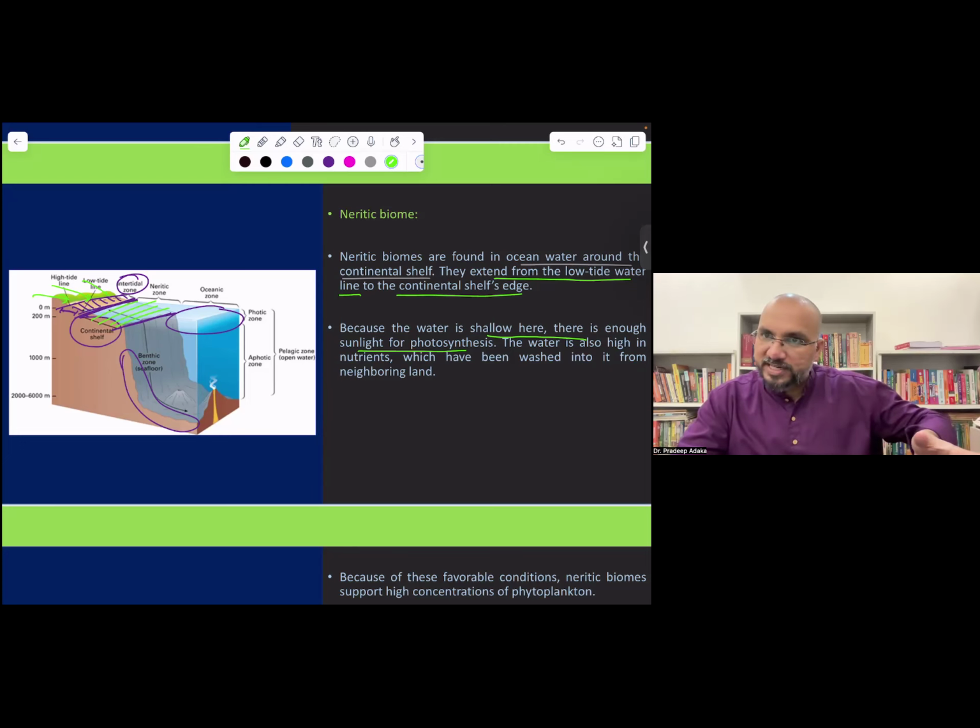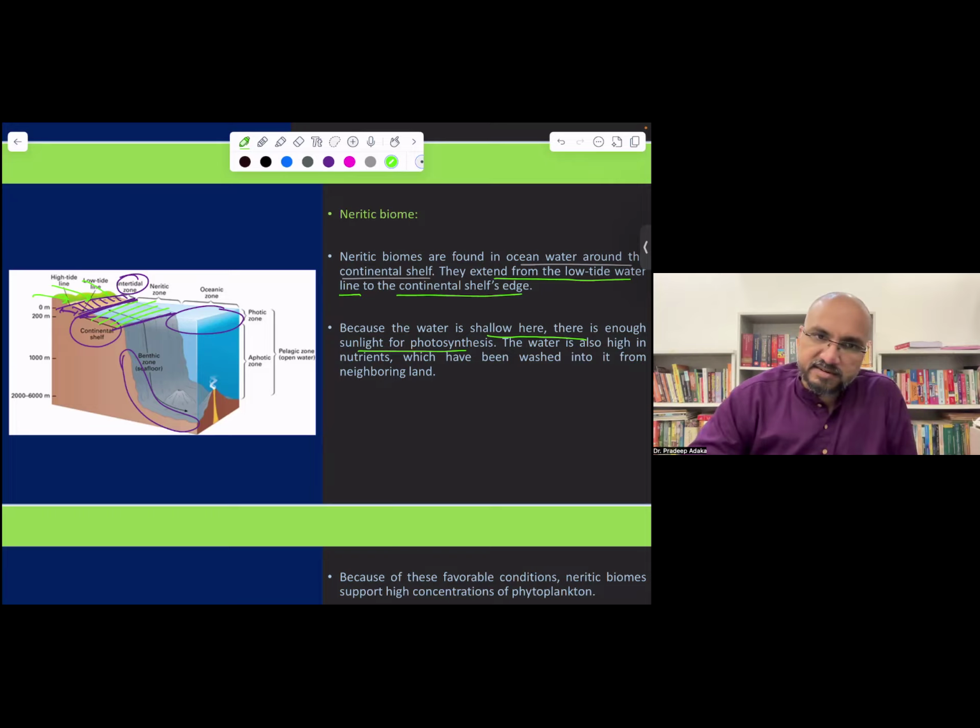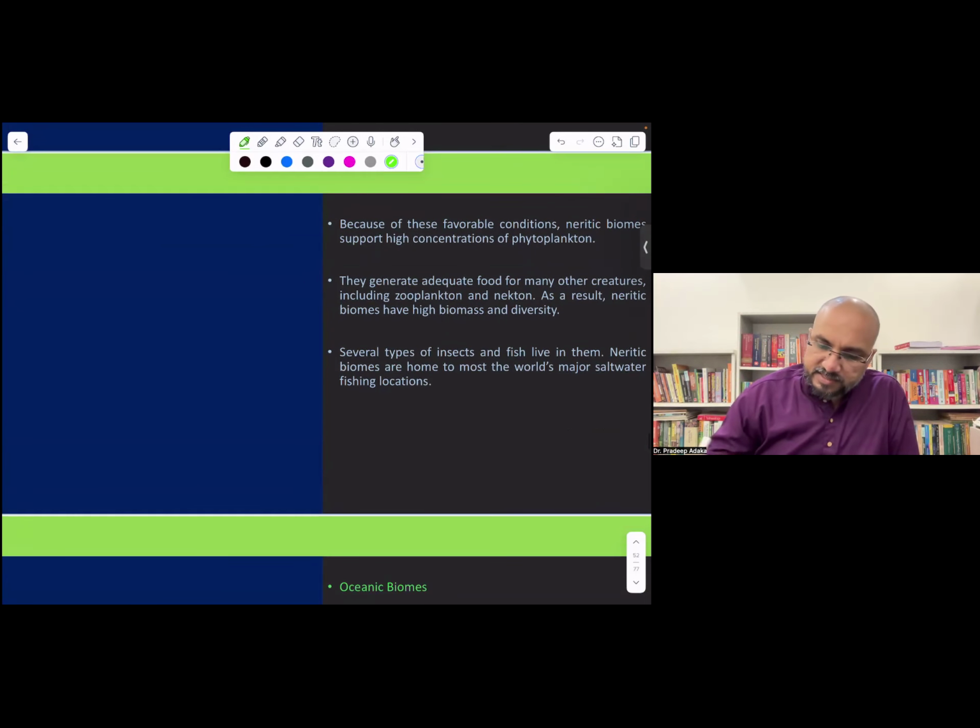So it is rich in nutrients. Photosynthesis is carried on here and a lot of plants can survive in this kind of environment. The water is high in nutrients washed from the neighboring land. Because of these favorable conditions, neritic biomes support a high concentration of phytoplankton.